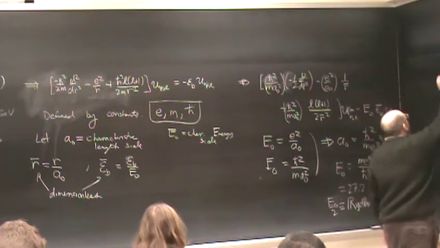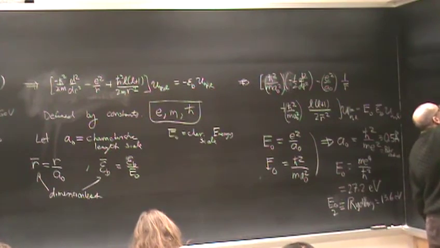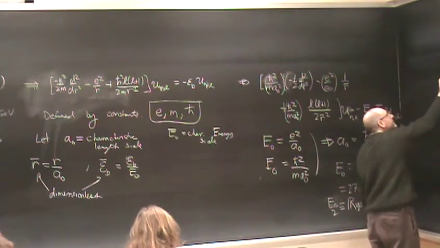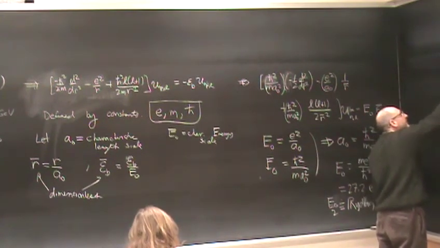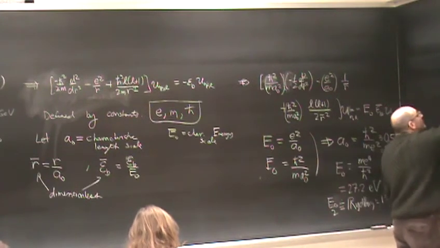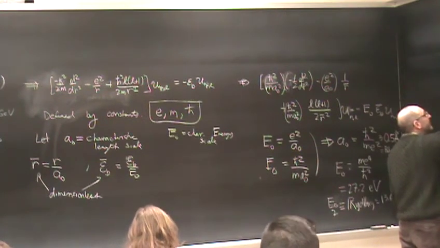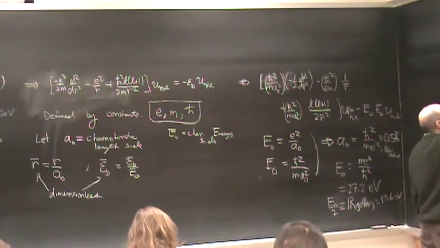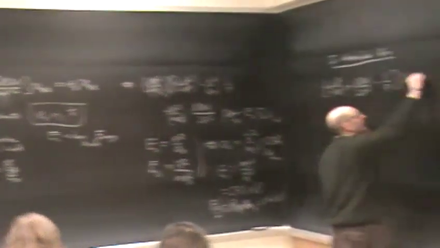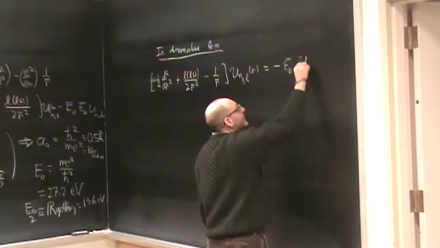In dimensionless form, we have the following equation: minus a half d by the dimensionless r squared, plus L times L plus 1 over 2 dimensionless r squared, minus 1 over r, times the reduced radial wave function, is equal to minus the dimensionless binding energy.